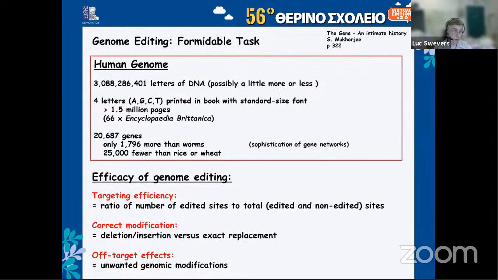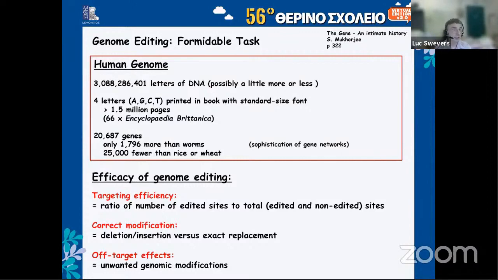I want to also point out that genome editing is not an easy task. It's actually very difficult. And this is mainly due to the large size of the human genome. Its haploid genome is 3 billion bases. To imagine how big this is, if it is printed in a book with a standard size font, it will result in more than 1.5 million pages, which is 66 times the Encyclopedia Britannica.